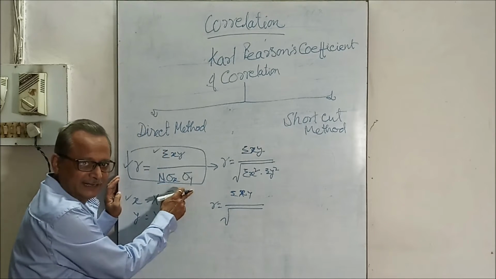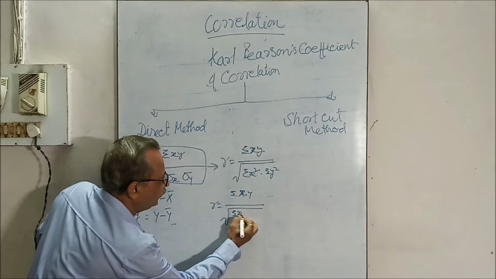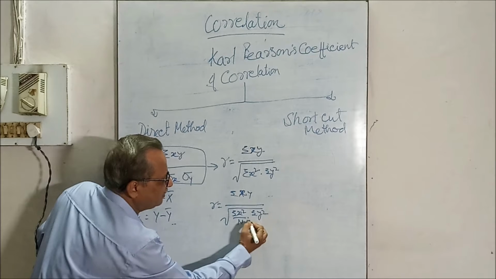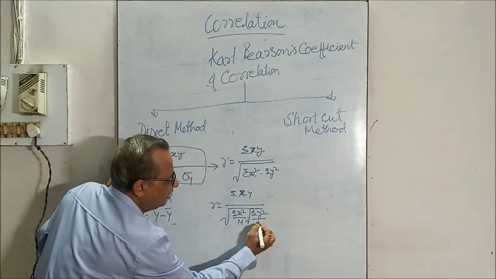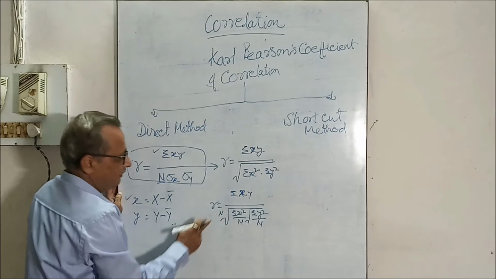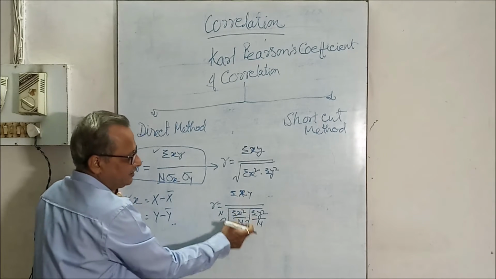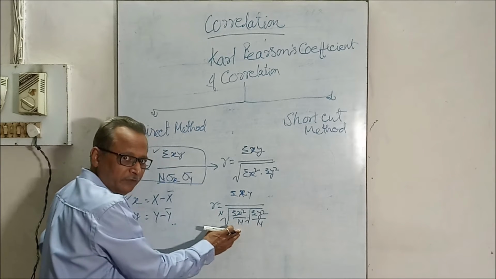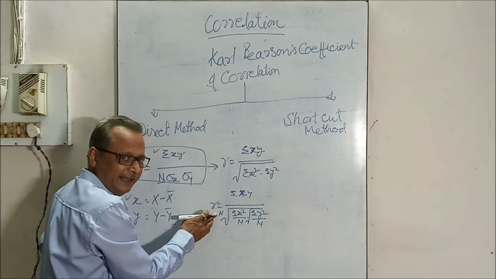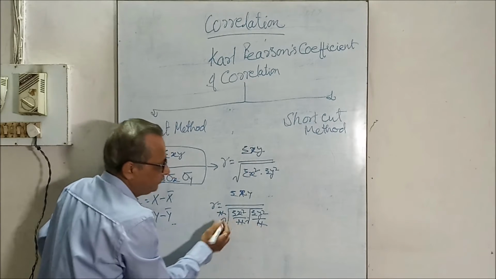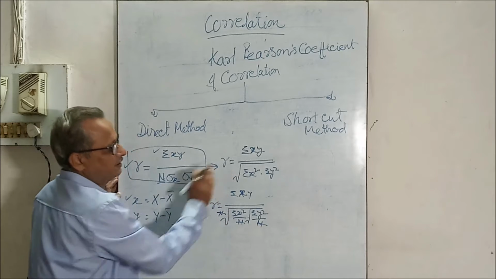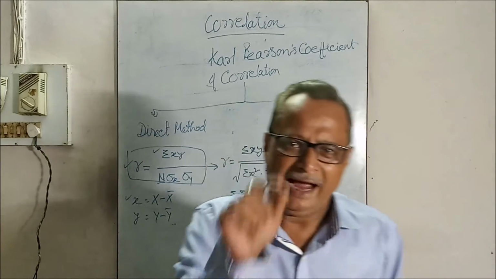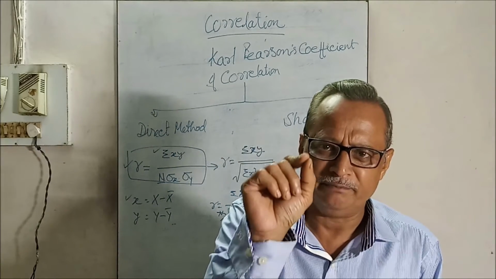To calculate the standard deviation, we write the formula: n multiplied by standard deviation of x, standard deviation of y, under root n. Now this n square, you break the square root, then the n is cut down. So this is presented like this. It is a very simple form, but we have to ascertain the actual mean or average.